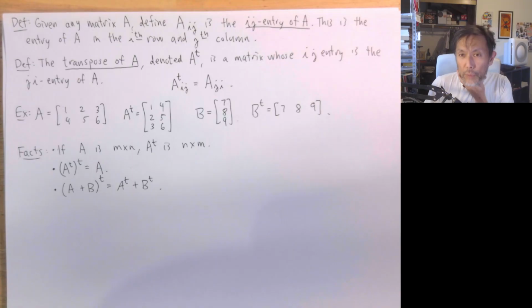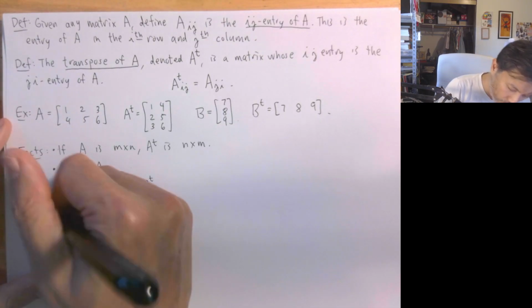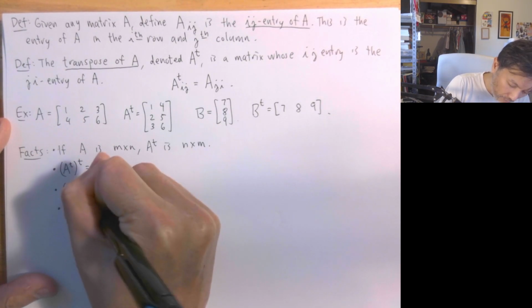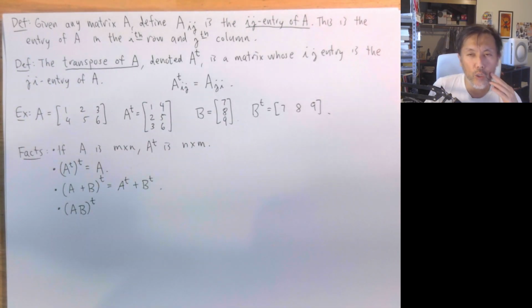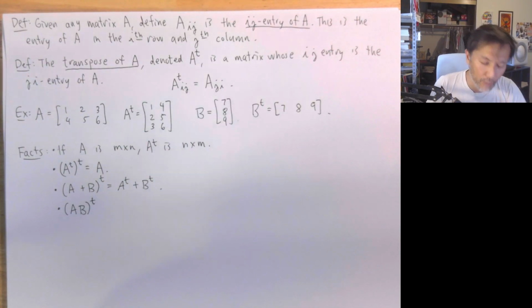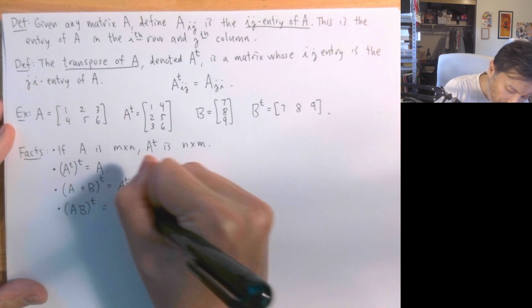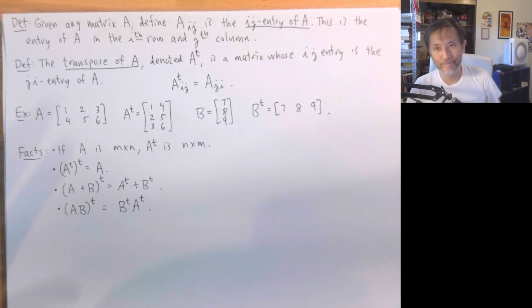But what's a little bit less fine is how transpose interacts with products. If you take the transpose of a product, A times B, it turns out that that's B transpose A transpose.